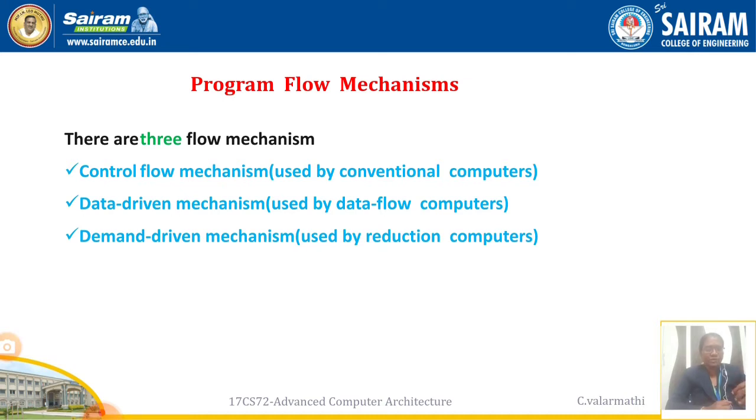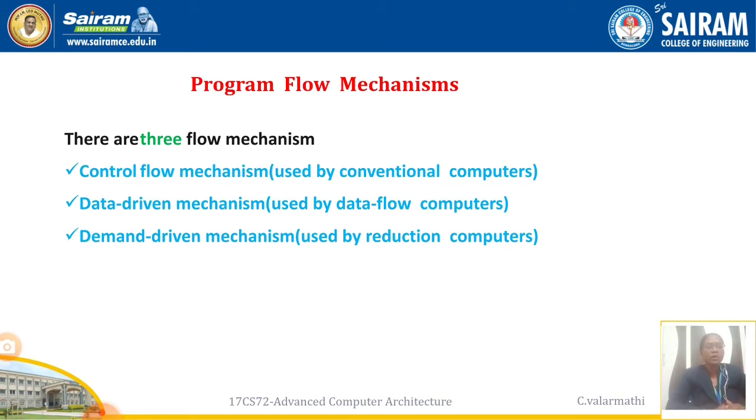If you want to operate on more operands, that kind of software will be executed based on data driven mechanisms. Demand driven mechanisms are purely used in reduction computers, and only in very few cases.